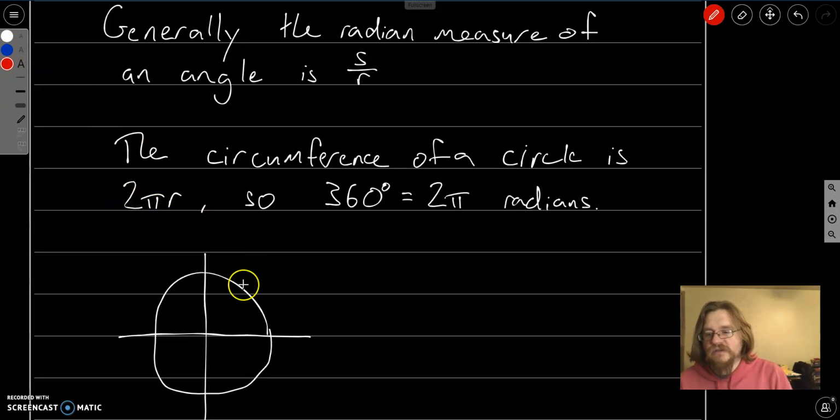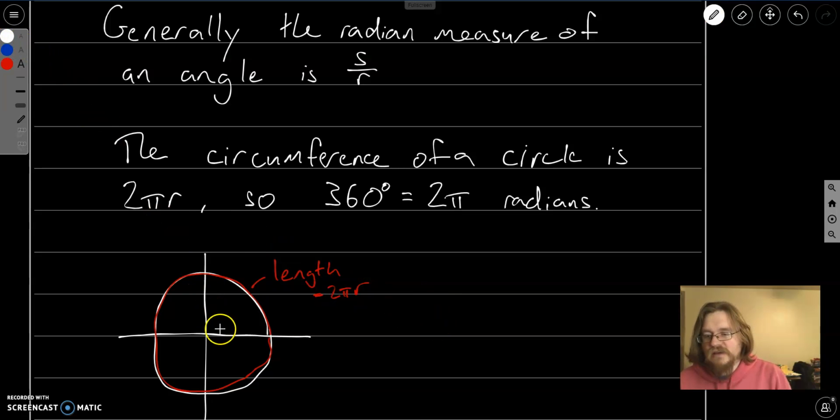So if I were to go all the way around the outside of a circle, how long of a line did I just draw? The length of the outside of a circle is going to be 2 times pi times r.